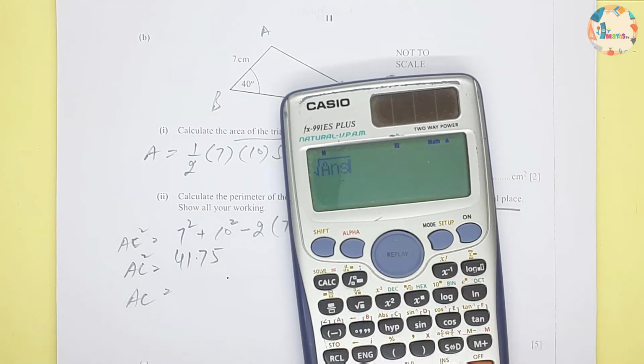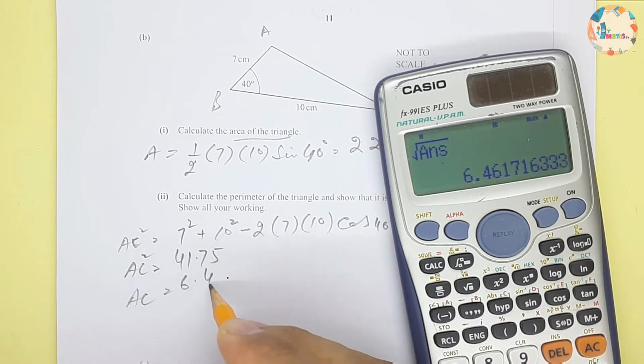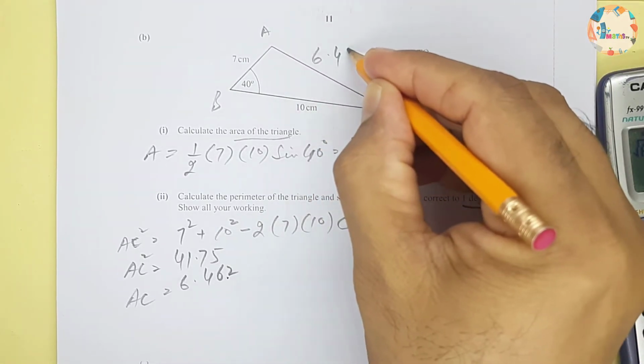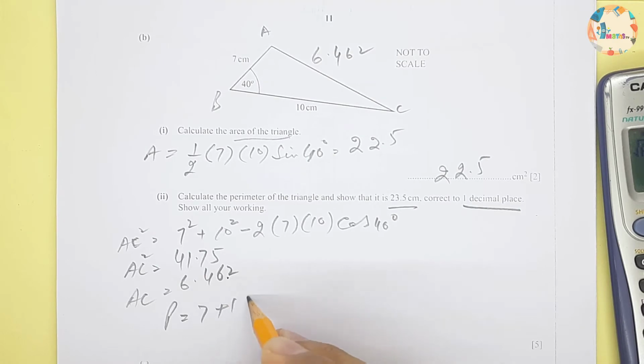So the root of the answer will be 6.462, and this side is 6.462, so perimeter will be equal to 7 plus 10 plus 6.462.